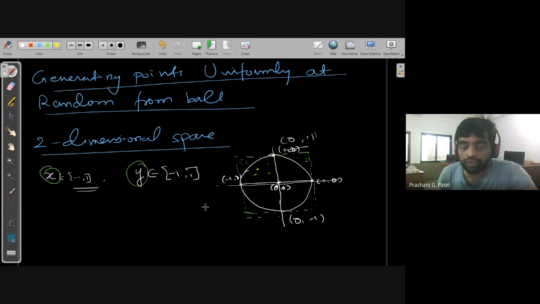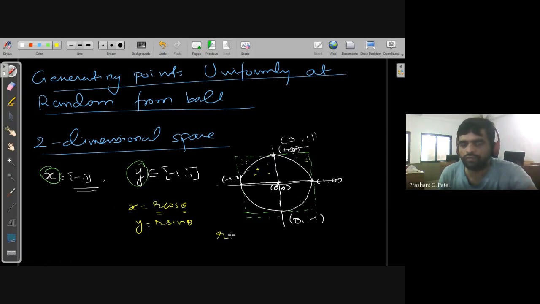Another way is to generate random points inside the unit circle using polar coordinates. Consider x equal to r cos theta and y equal to r sin theta. Here there are two parameters, r and theta. You fix your value of r. Suppose you want to generate points inside the circle, then your value of r should be less than 1.